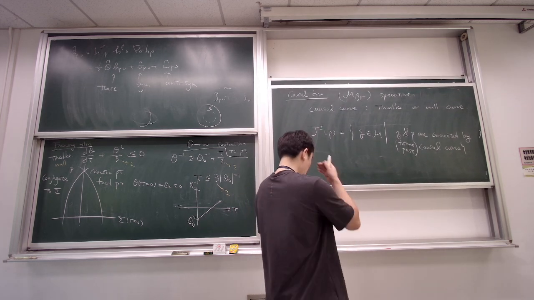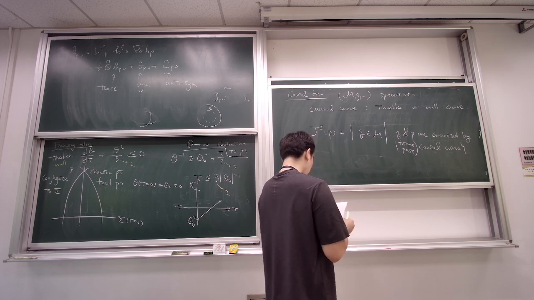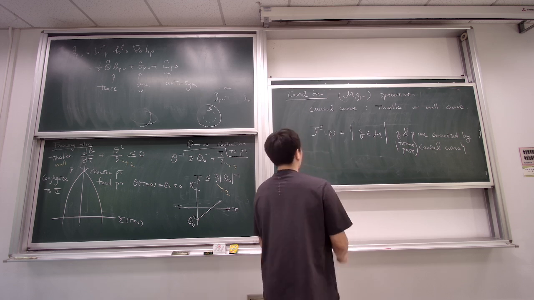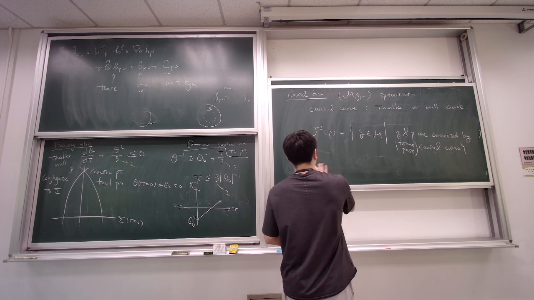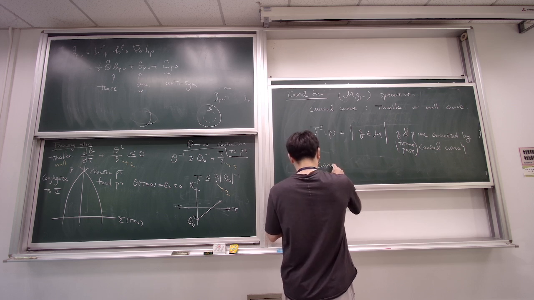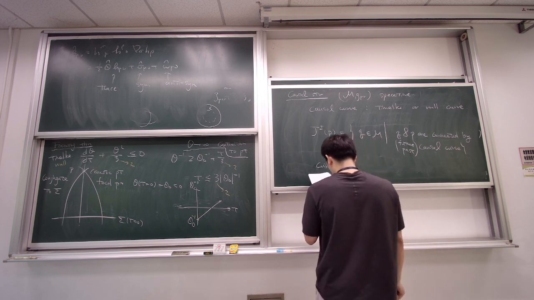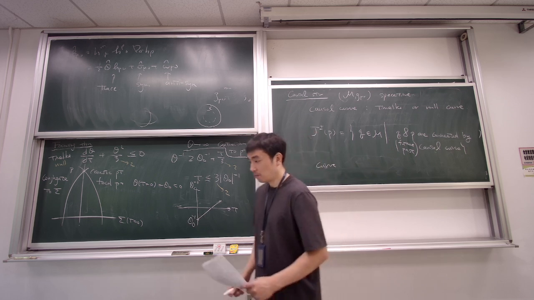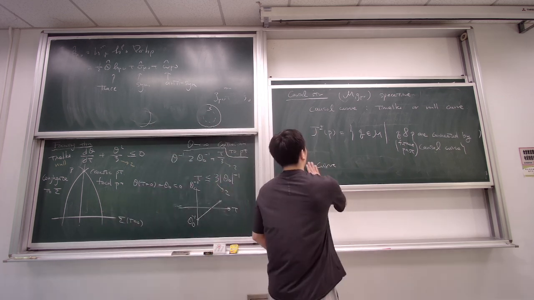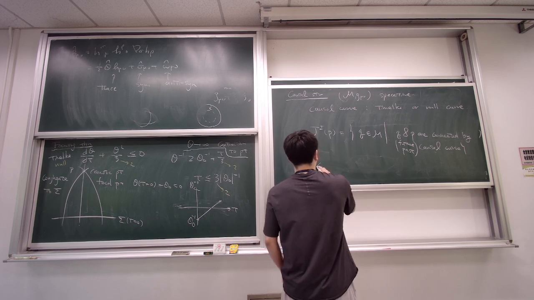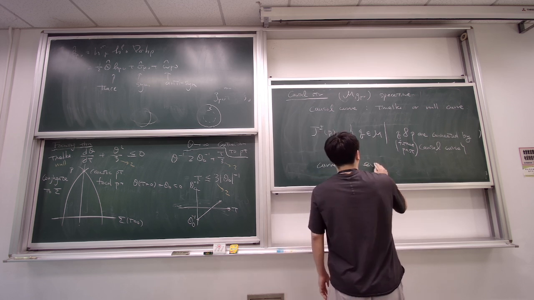So let's see, the curve. I think I forgot to mention: the curve gamma is called extendable.